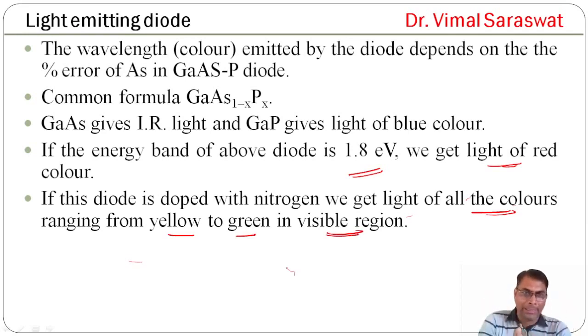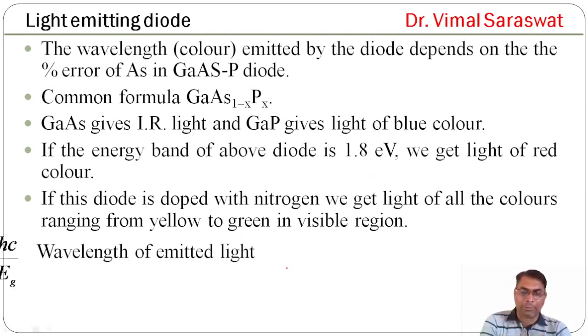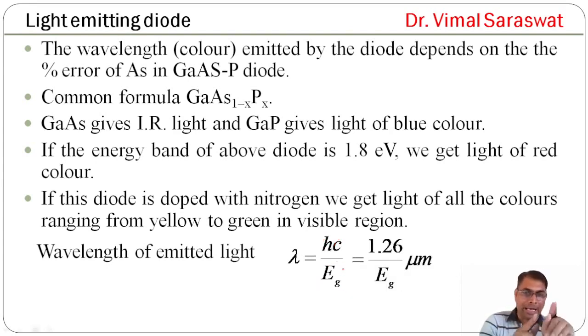So the light emitted by the diode depends on the energy band gap of the diode. The wavelength of emitted light is given by lambda equal to hc upon Eg. Here h is Planck's constant, c is the velocity of light, and Eg is our energy gap or band gap. Since h and c are constants, if we put the values of these two constants, then lambda equals 1.26 upon Eg in micrometers.